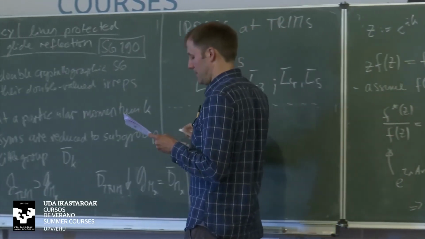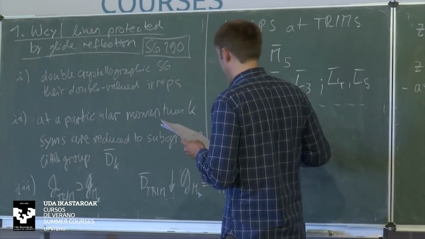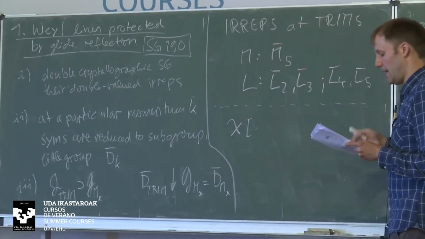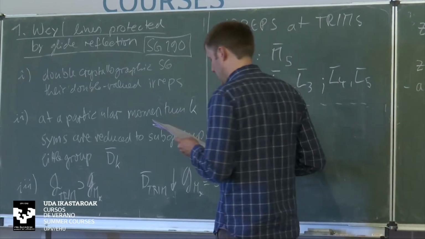Or in other words, I can also use this relation here. I can infer it just by looking at the character of this irrep. The character is basically just the trace.